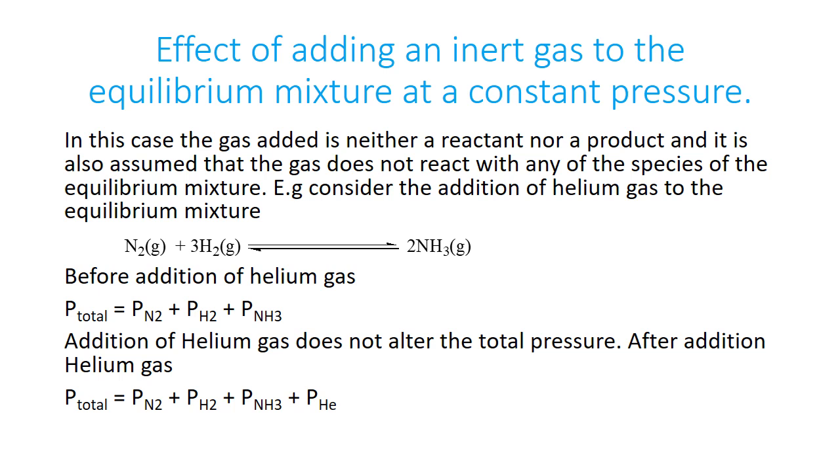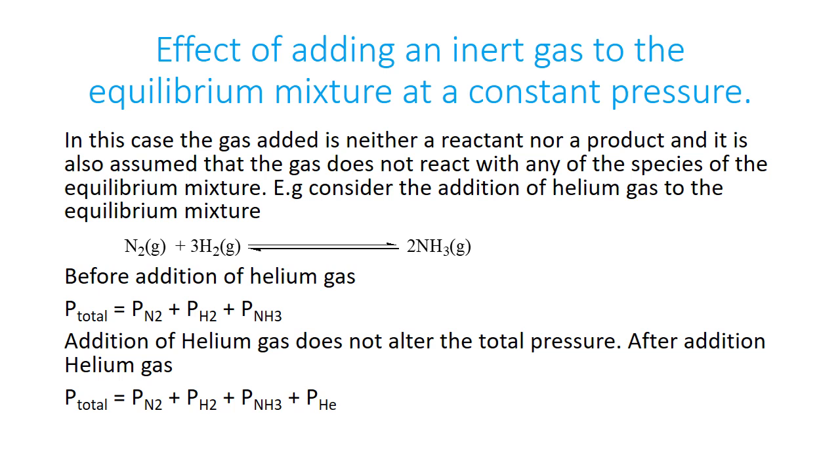In the Haber process, nitrogen, hydrogen, and ammonia are in the gaseous state. Before we add helium, the total pressure depends on the partial pressures of nitrogen, hydrogen, and ammonia. But when we add helium, the total pressure is kept constant. That means the total pressure now includes the partial pressure of helium.